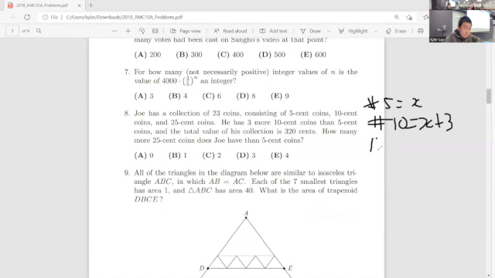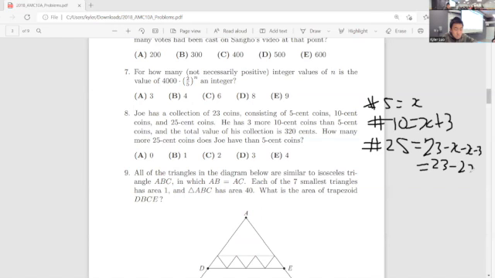And then the amount of 25-cent coins has to be 23 minus X minus 2, minus X minus 3. So basically 23 minus 2X minus 3. So now we have to do the actual equation.